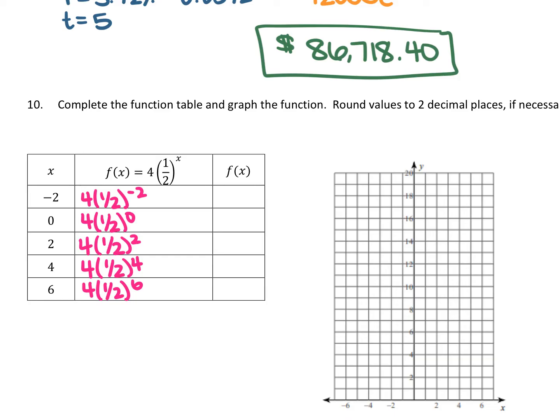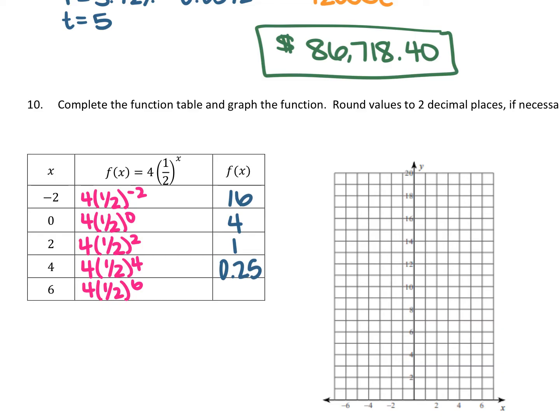For the x value of -2, you have 4 times 1 over 2 to the power of -2, which gives you 16. Then 4 times 1/2 to the power of 0 is just 4 times 1, so that's 4. 4 times 1/2 to the second power is 4 times 1/4, which is 1. 4 times 1/2 to the fourth power gives you 1/4, so that's 0.25.